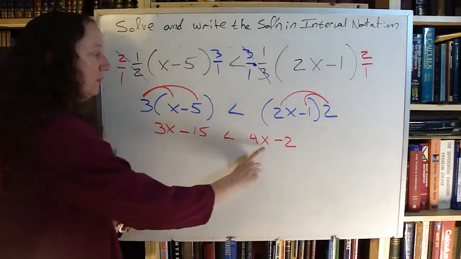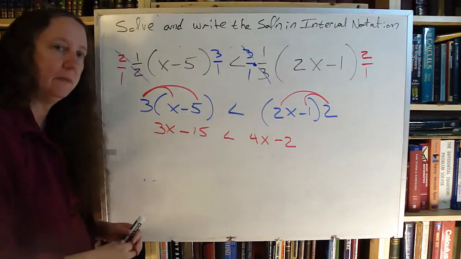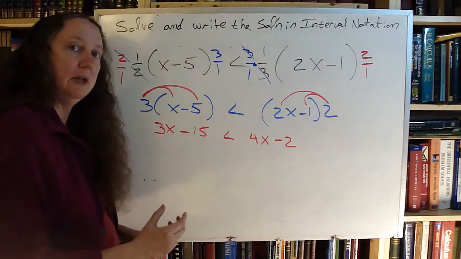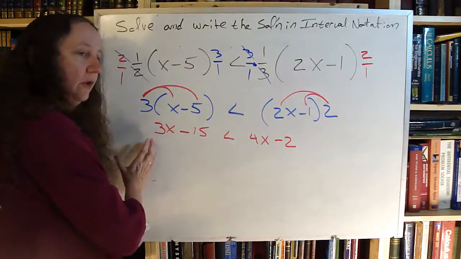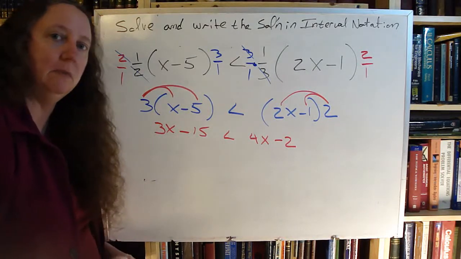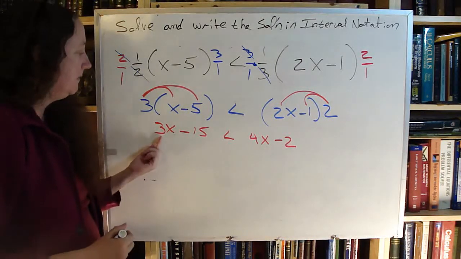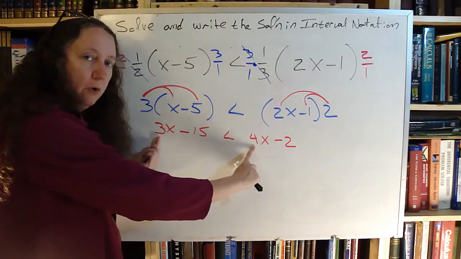My x shows up on both sides. I need to get it all onto one side. Typically, you are used to moving things from the right side to the left side, but I'm not going to do that this time. I see the 3, I see the 4, they're both positive numbers.